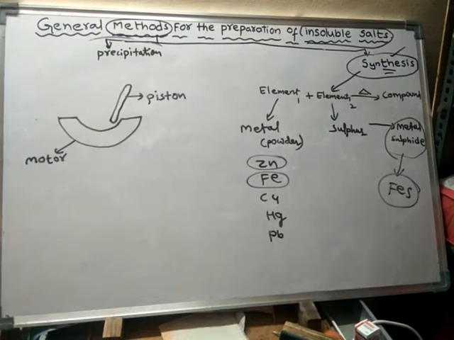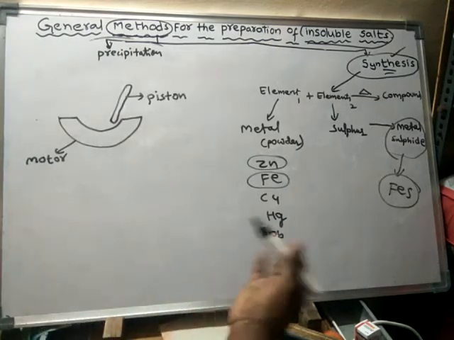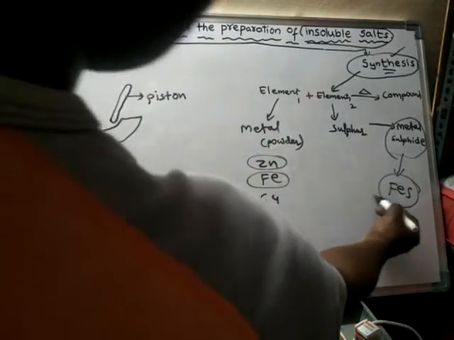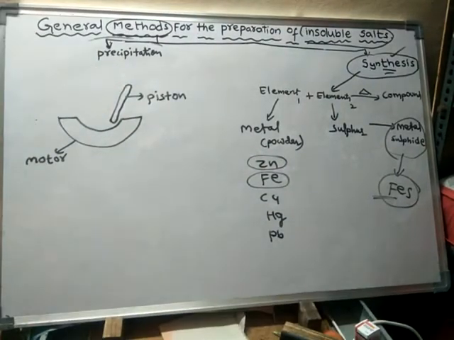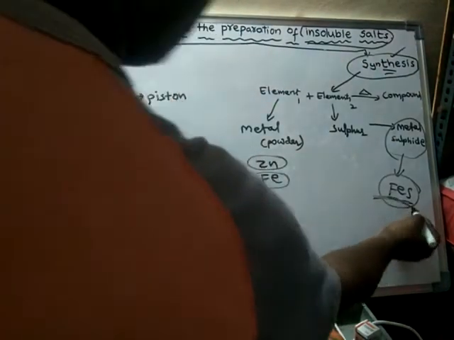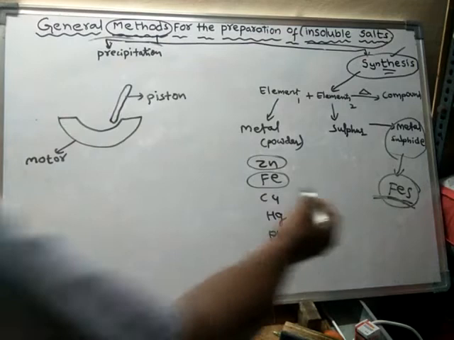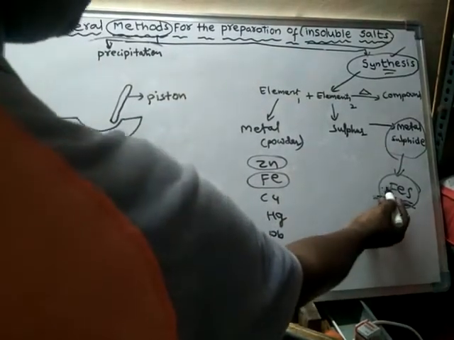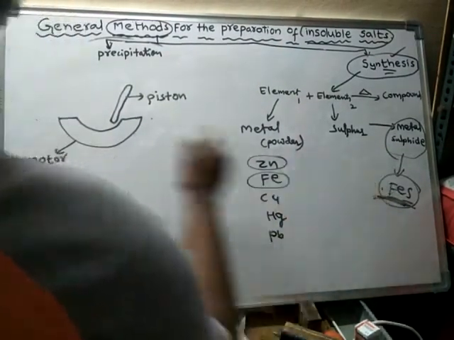Generally sulfides are prepared by the synthesis method, because sulfides are insoluble salts. So we learn the method of preparation of iron sulfide.